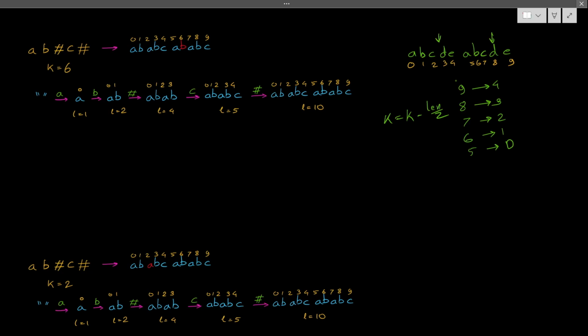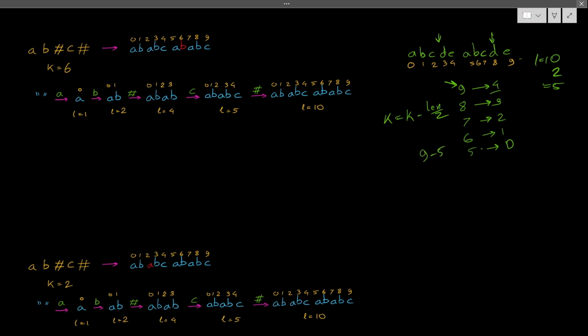Length is 10 here, so 10 by 2 is 5. If the current k is 9, then 9 minus 5 becomes 4.